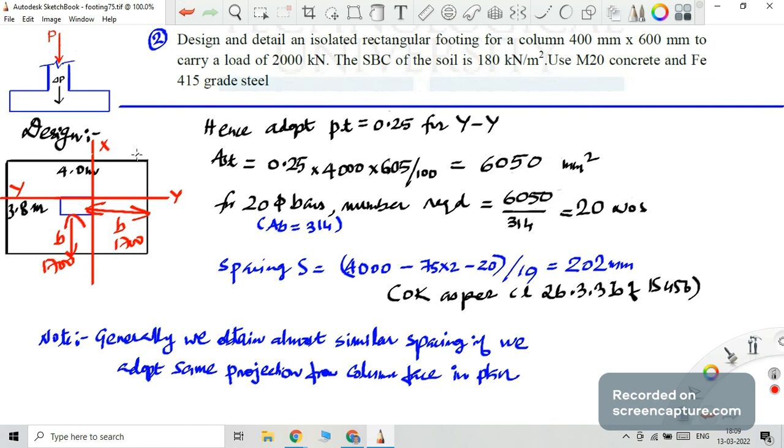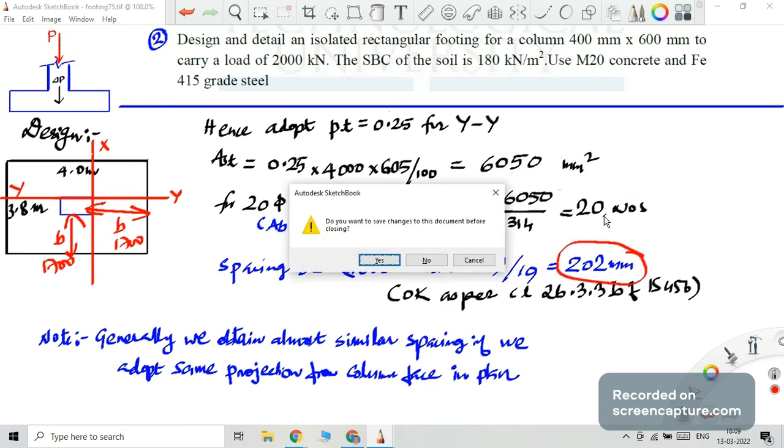We have seen that in one-way shear calculation, only one equation was required. But if you select different values, you need two calculations in one-way shear itself, so that time can be saved. And also, when you use the same projection, the spacing here you got 202, okay, in YY.